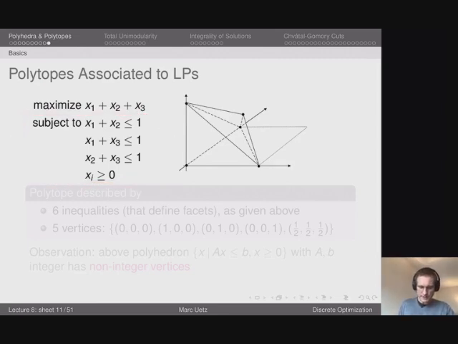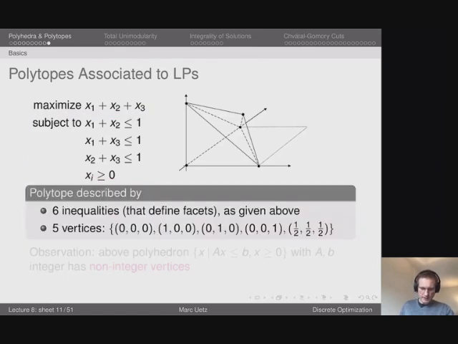In this case, this linear program was the matching problem on a very simple graph, a triangle, described by three inequalities, which were the degree constraints for the vertices of the graph and the non-negativity constraints. So the object where all the feasible solutions live for this optimization problem is a polytope, right?